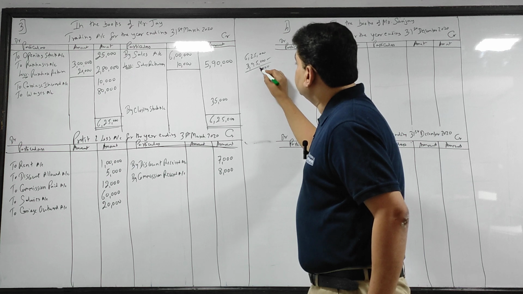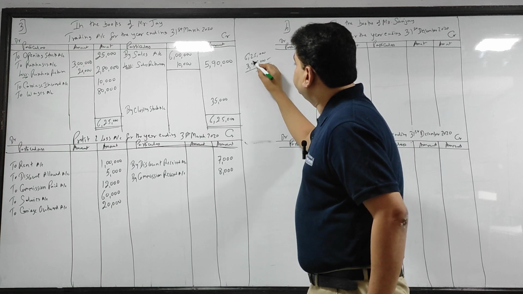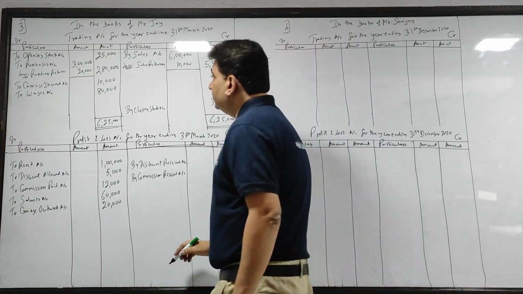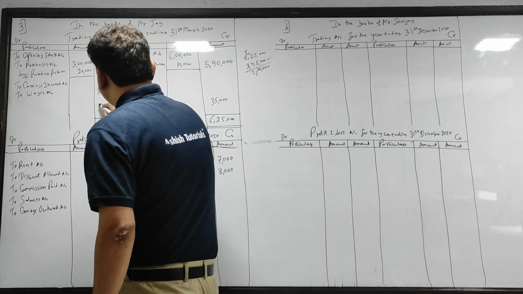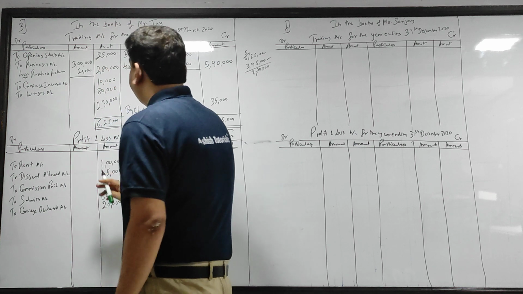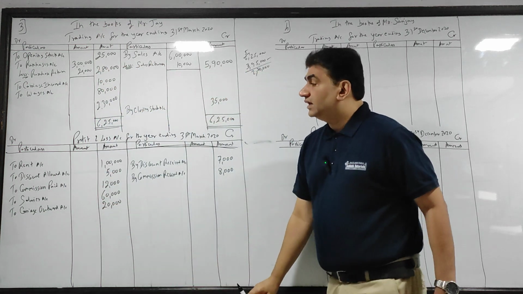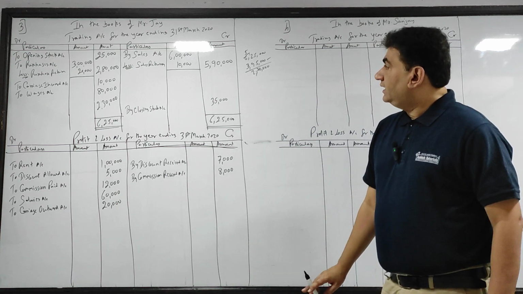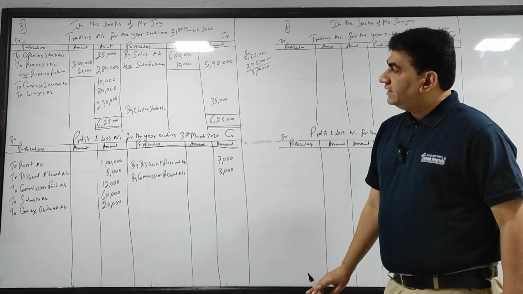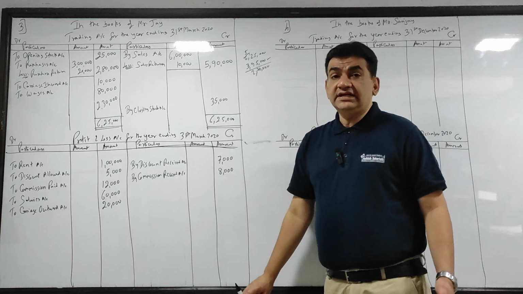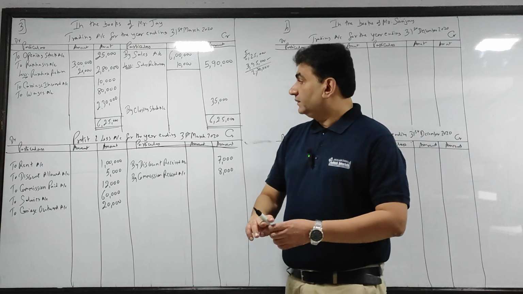Take the difference. 2,30,000 is my difference. Getting it? 590 and 35. 625, 395. 2,30,000 is the difference.